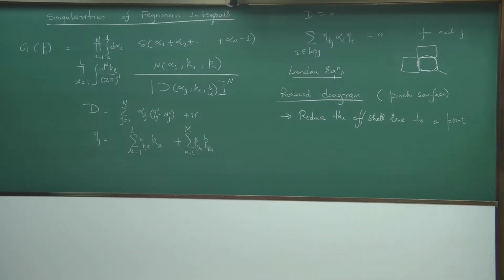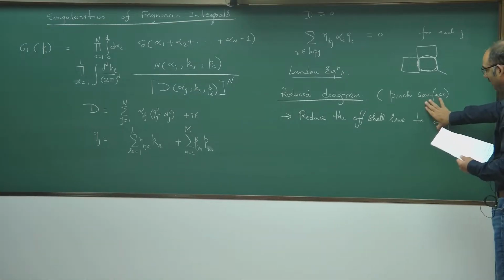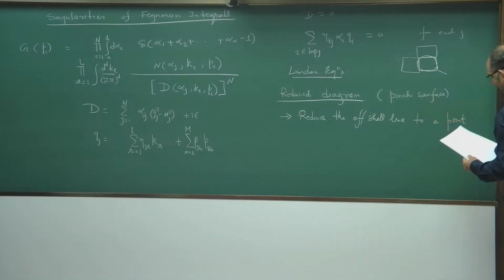Okay, so now I have a reduced diagram, and all the lines are now only on-shell lines. Okay, all the lines are on the mass shell. So take a line Q_i, which is on shell, okay, in your reduced diagram. Now, since this is an on shell particle, real particle, I can write its momentum Q^mu.